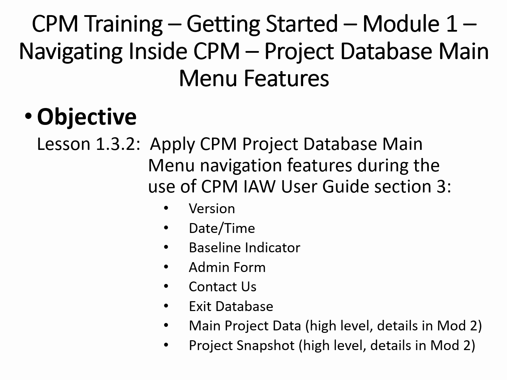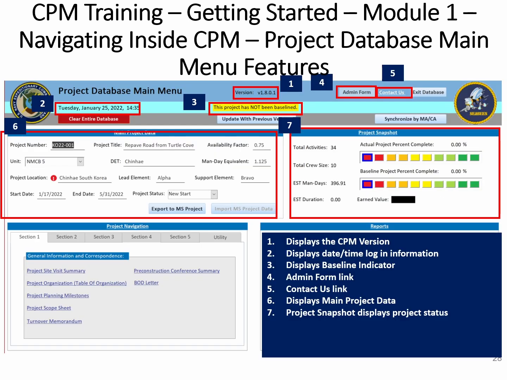All right. Applying CPM project database main menu navigation features during the use. So again, this is the main page of CPM. As you can see, the location of number 1 is the version you're on. Like I said, we are currently on 3.1.